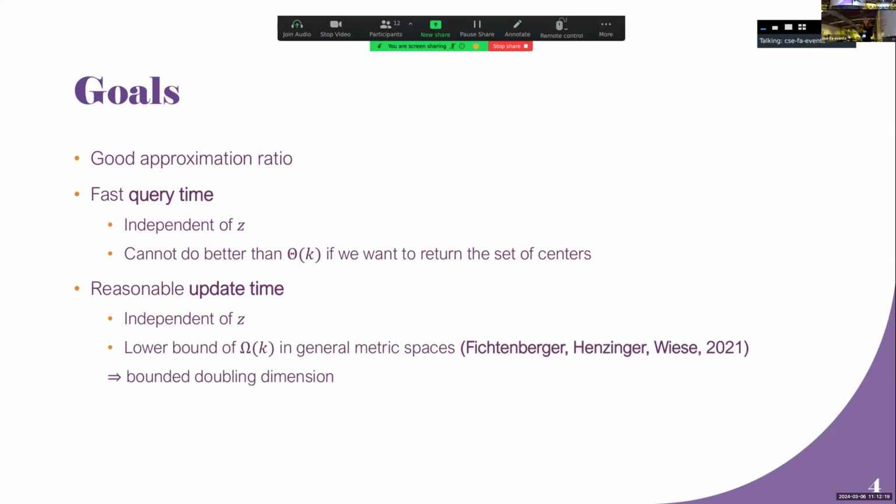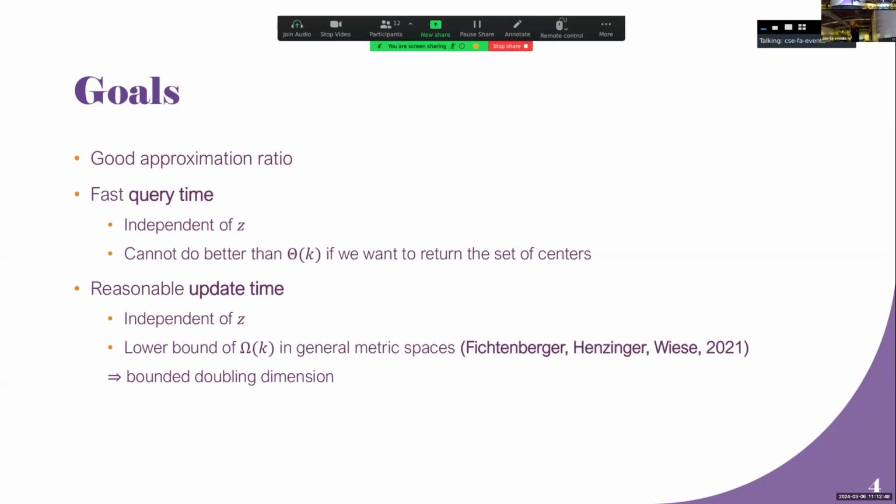But the way we defined our queries is that we output the set of all the centers, so we cannot do better than theta of k, obviously. And we also want a reasonable update time, which is also independent of z. And the bad news for that is in general metric spaces, there's a lower bound of omega k, so we cannot do anything about that.